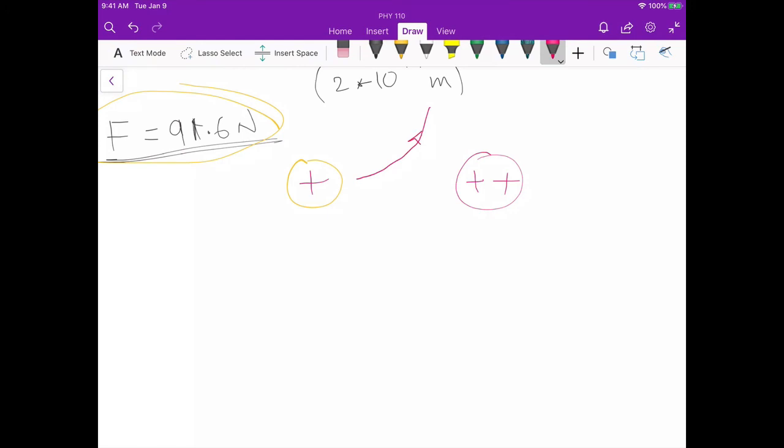Coming out of this one is, let's say, 2 lines. How many will come out on the other one? It's going to be 4. Why? Because the strength of the electric field lines depends on the charge.